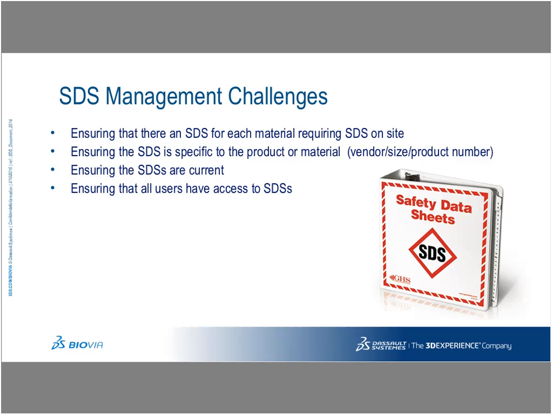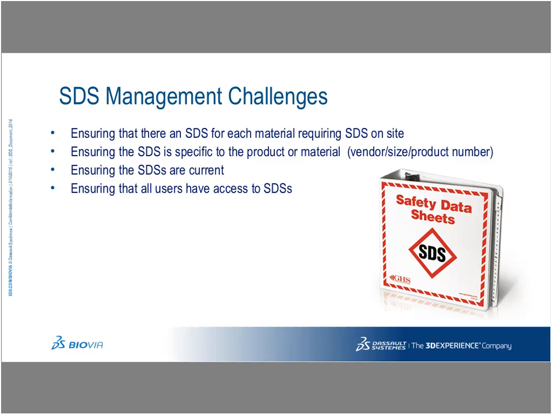But technically you should have the manufacturer-specific SDS for the product that you have on site. And the next big challenge is you need to ensure that they're current. As we transition to GHS, we know for a fact right now there's going to be a huge turnover.